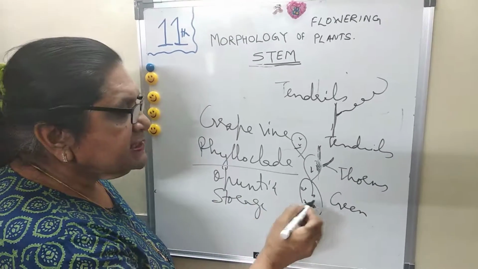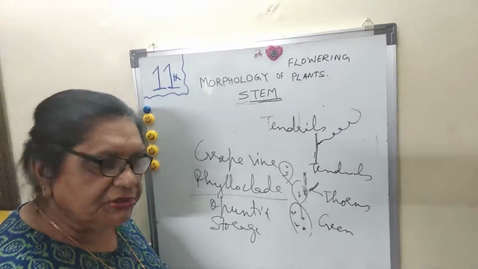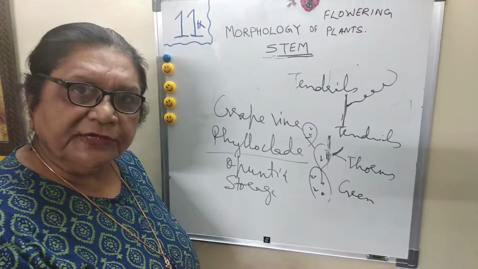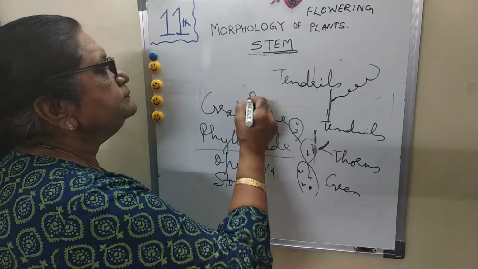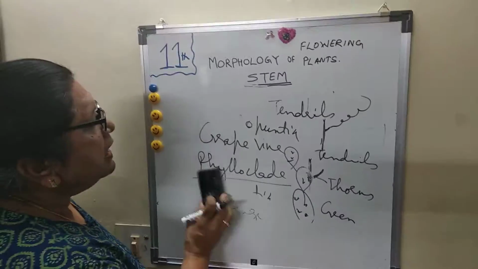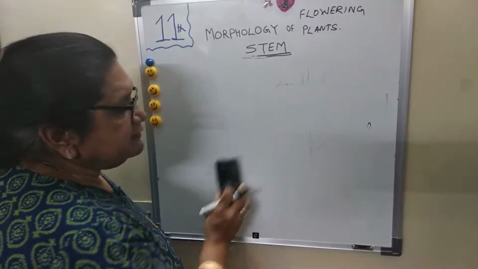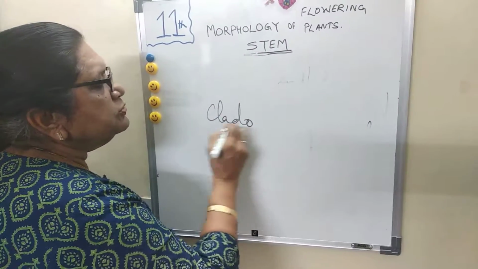So the stem takes part in photosynthesis. This is another secondary function, and they are succulent. They are called phylloclades. They can store food in Opuntia.